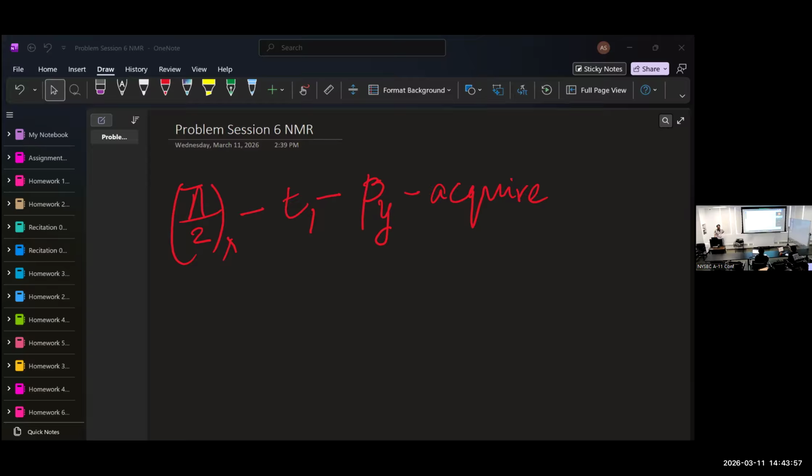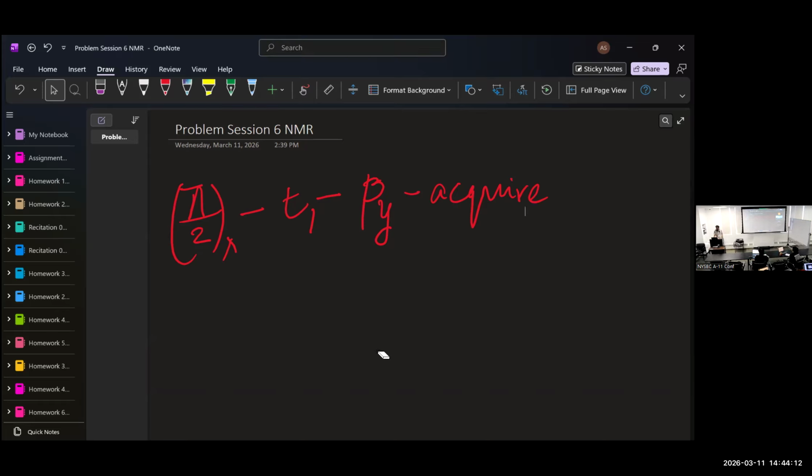With beta zero, it's no RF. In the first step, it's a 90-degree pulse. In the second step, it's a 180-degree pulse, and then a 270-degree pulse in the last step.